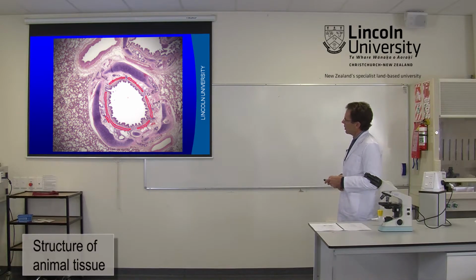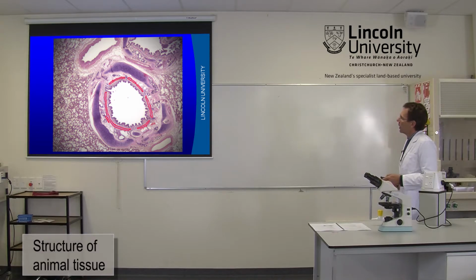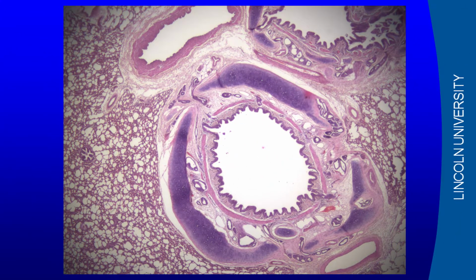And then you can see the cartilage band, and outside of that we have alveolar tissue. The other structures that we can see here, up on the top left, there's another open space with a pink band around the outside of it. That is a large blood vessel, a large artery. The blood vessels tend to follow the same route as the airways.